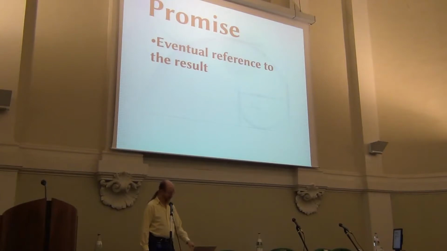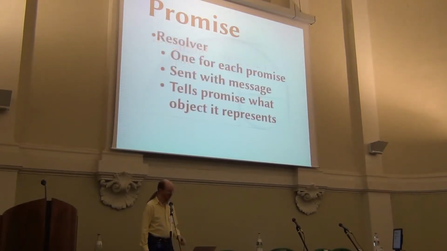And the way that this comes about is that when every promise is created, there is also created a resolver for that promise. And what is actually sent across the wire, or between vats, is instructions for creating the promise on the other side, because the promise is local, or the resolver is local.